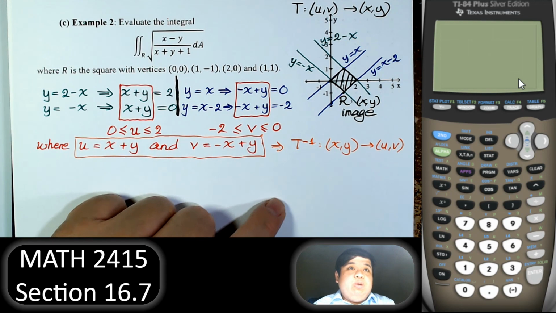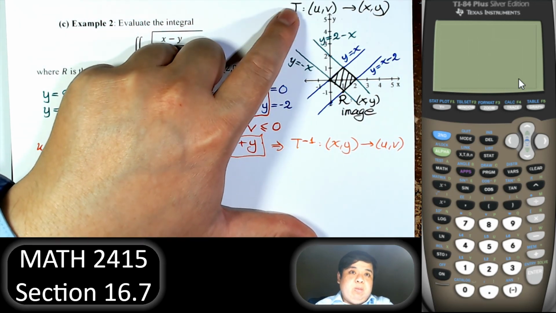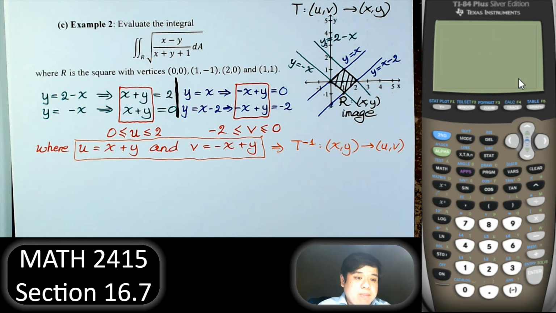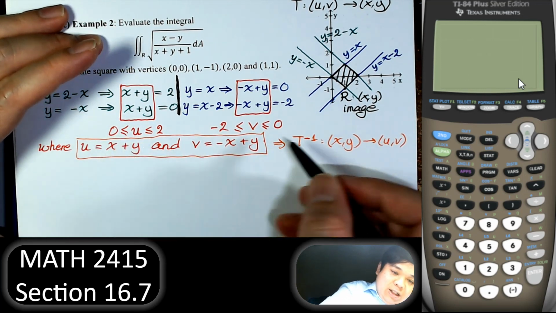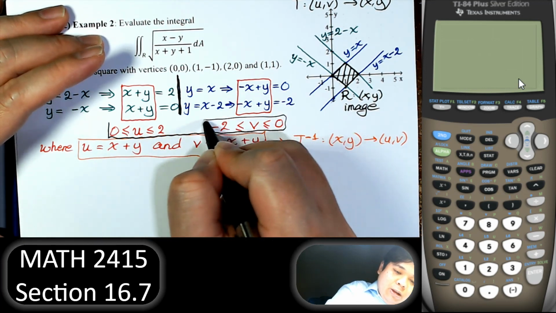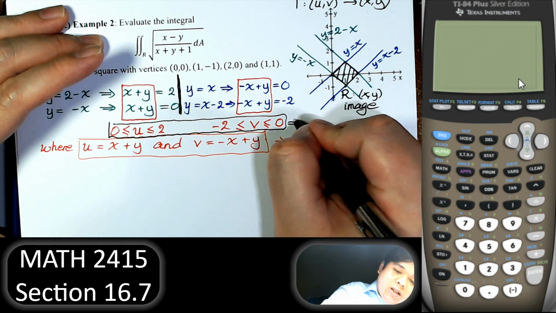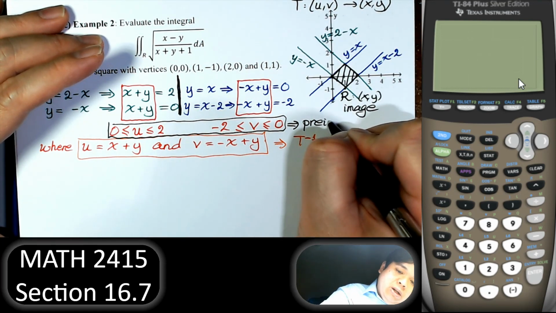Remember, in order to find the Jacobian, we have to consider the transformation, not the inverse. Right. So first of all, we know this, which is u and v. So that is the pre-image. So we know the pre-image.